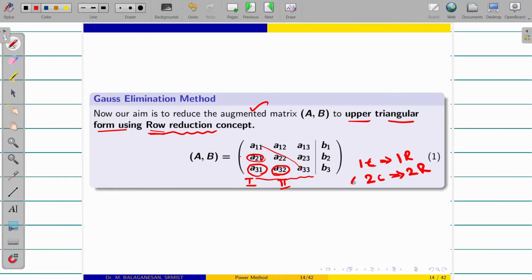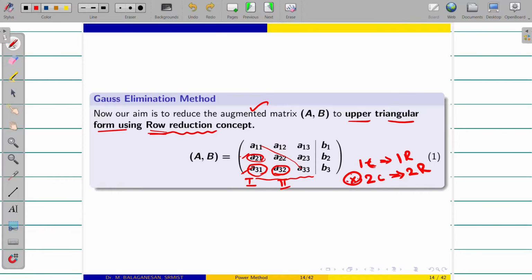This is the important thing to keep in your mind. If you know this concept, there is nothing more to it. So to reduce the first column elements, this and this, we use the help of the first row element, that is this element.